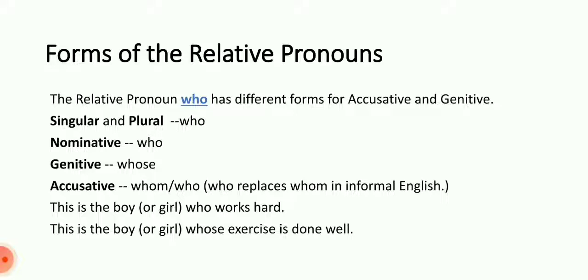Next, here we have the examples. This is the boy or the girl who works hard, and this is the boy or girl whose exercise is done well.